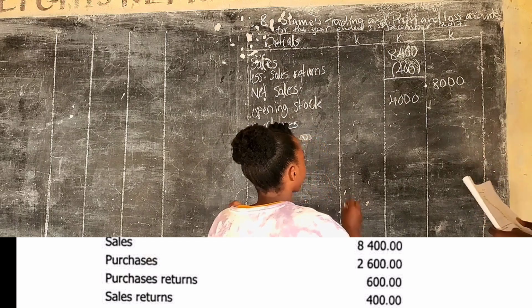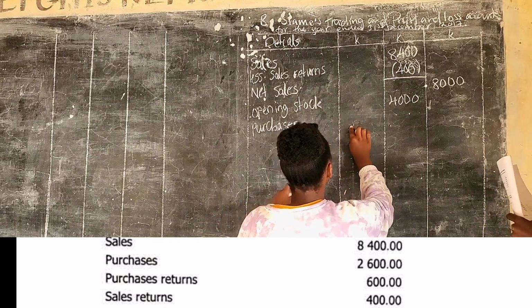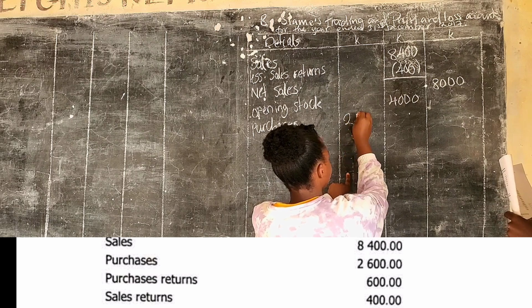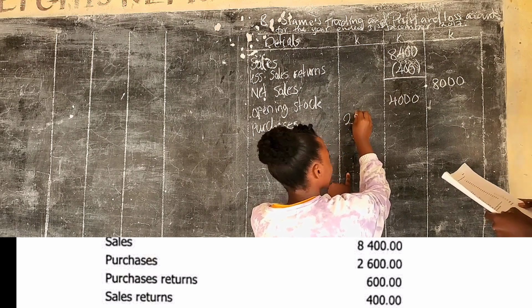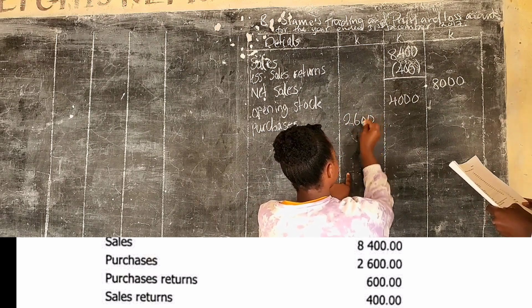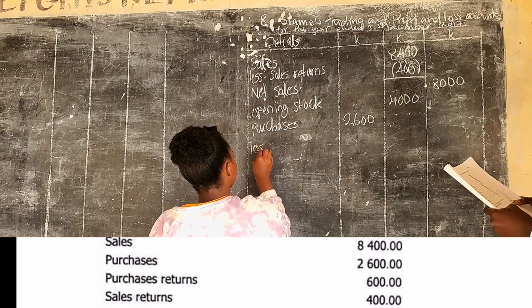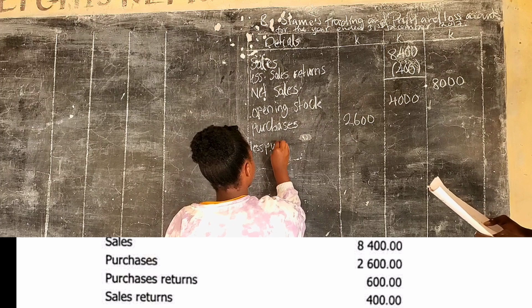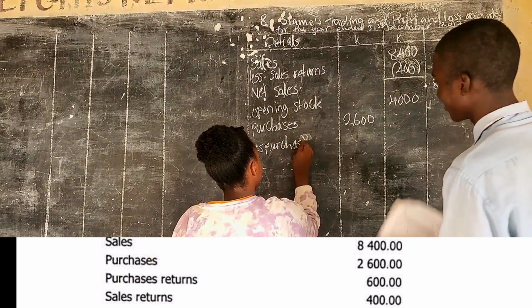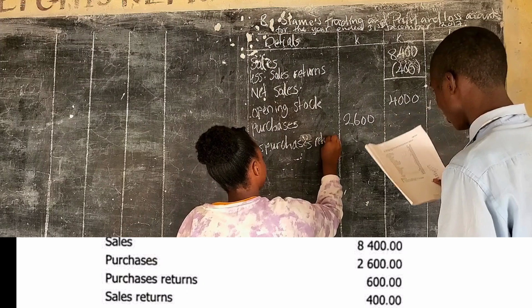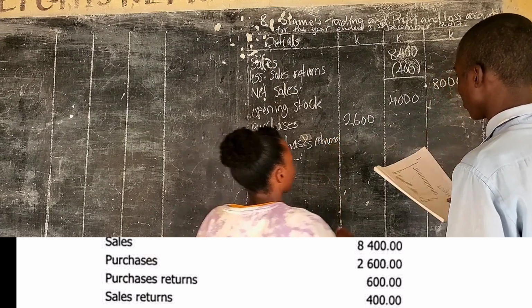Purchases 2,600, so it comes on the next column. Less purchases returns, 600.